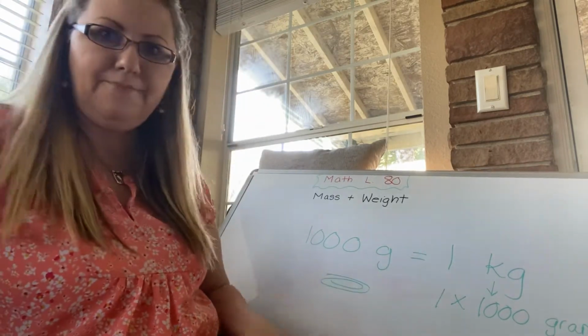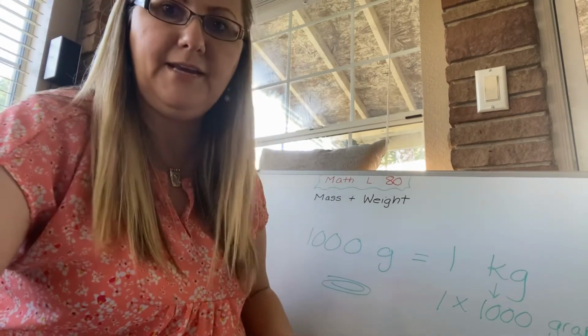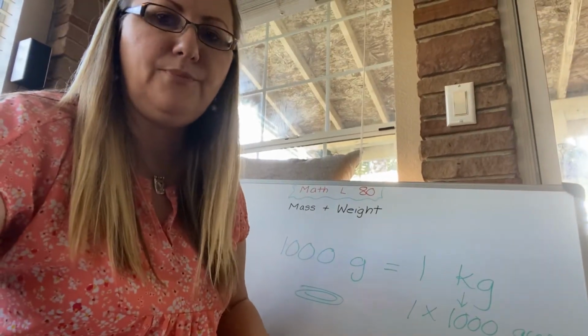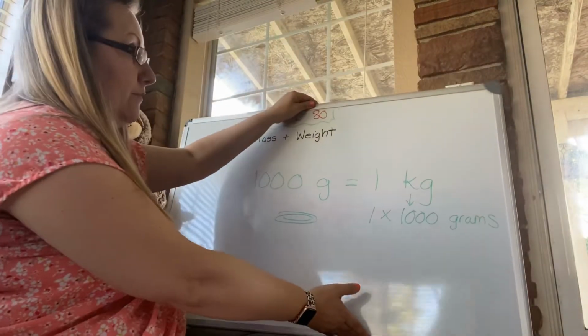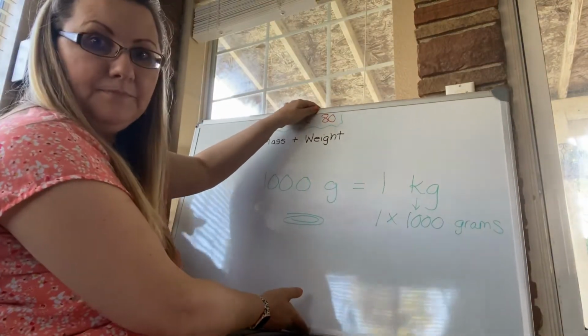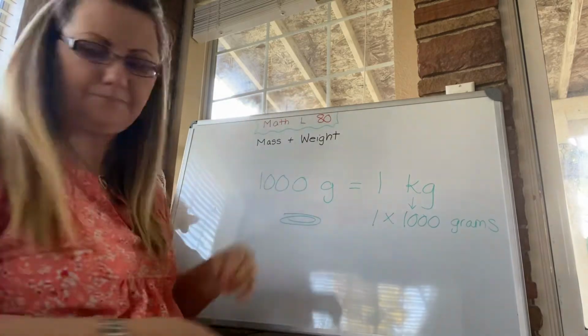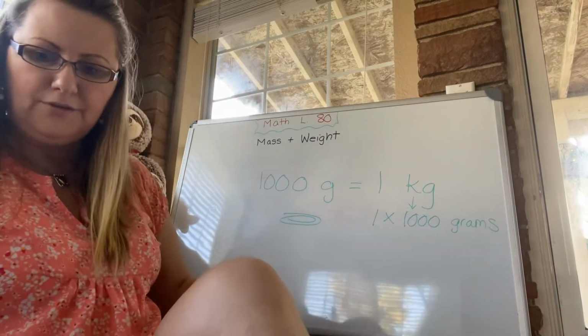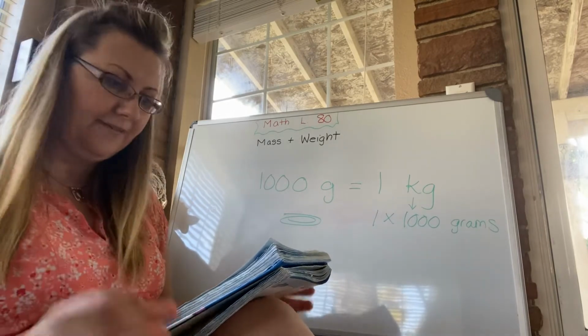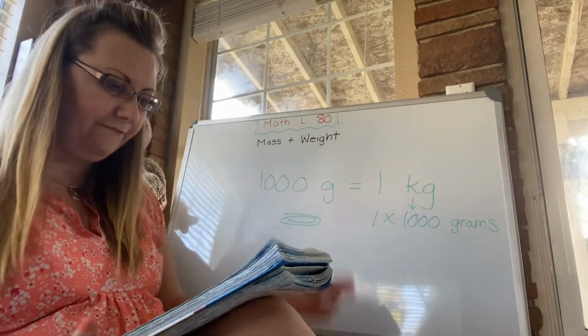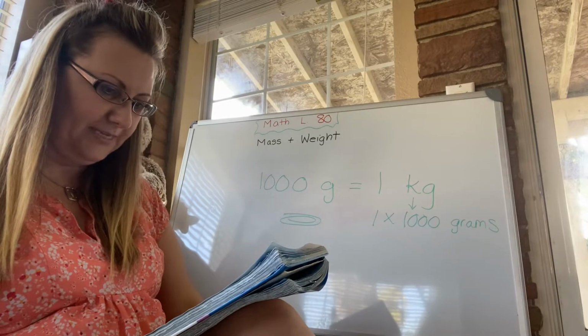Okay, so that brings us back to our board here. Let me readjust it again. Hopefully you can see that okay. So the question is, again, how many grams are equal to 5 kilograms? We can find the answer by setting up a table.